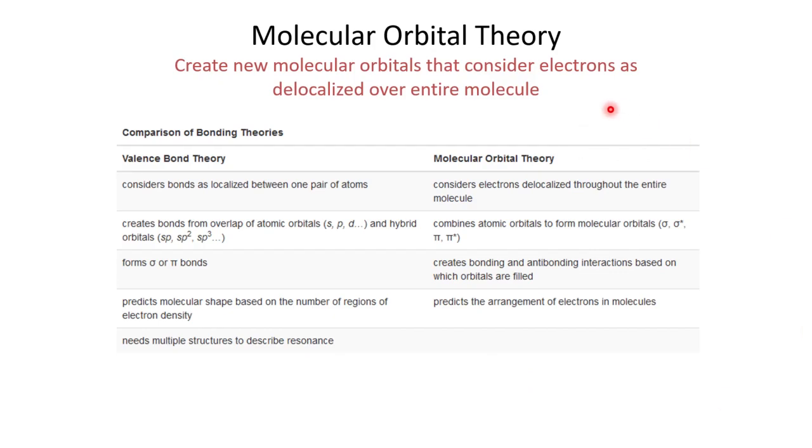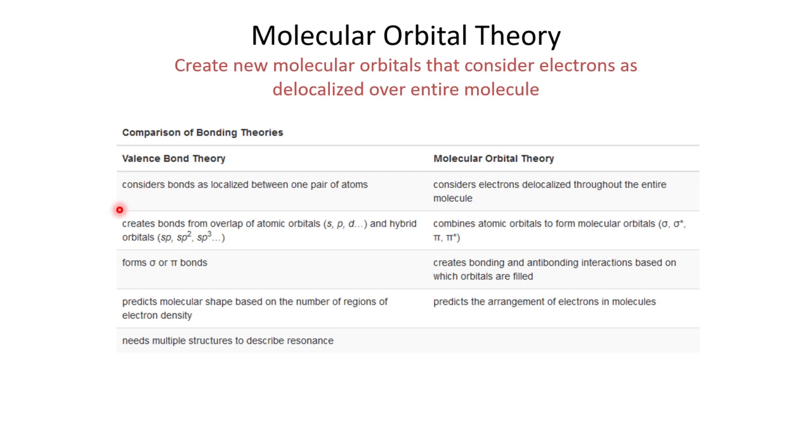So here is a comparison of these two bonding theories. With molecular orbital theory, we're creating new orbitals that consider electrons delocalized over the entire molecule. So it's not like one electron lives in one place and one electron lives in another. It's delocalized as they're bound in this molecule.